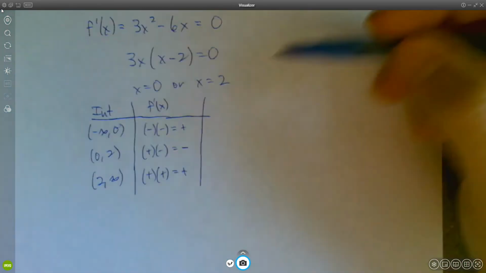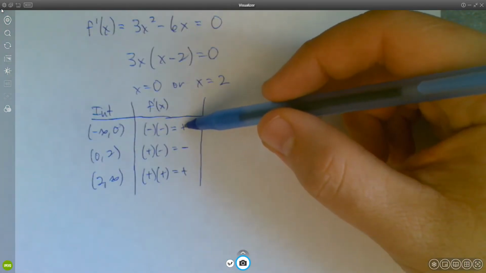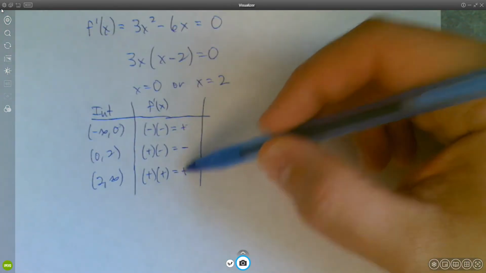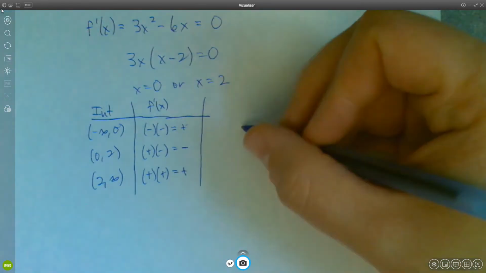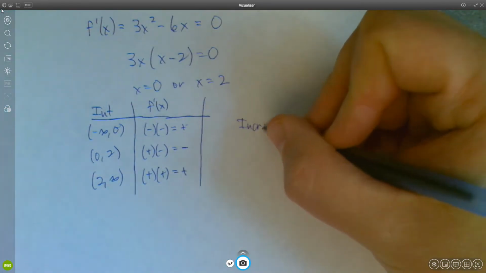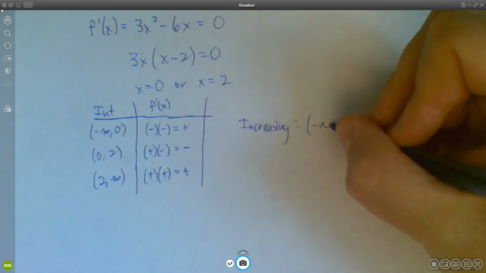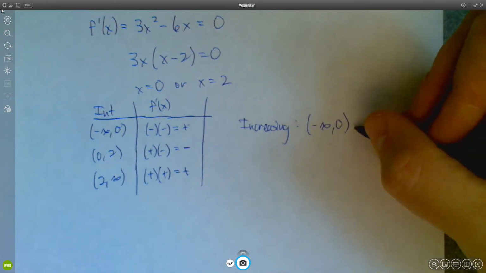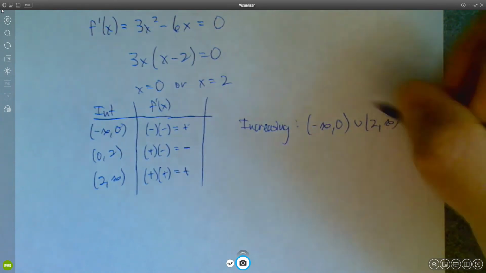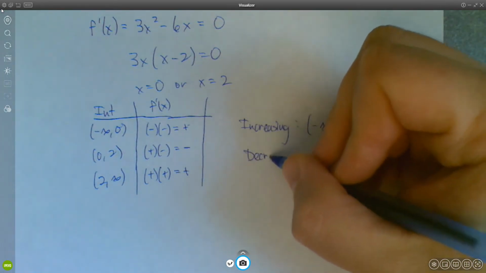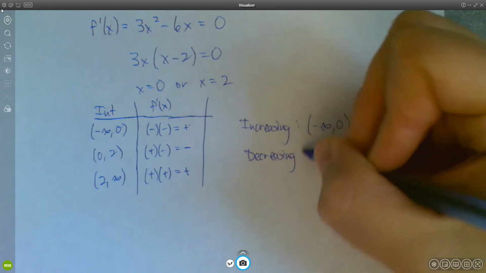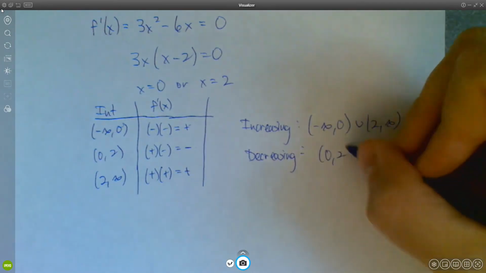So what does that tell me? That tells me that I'm increasing here and here, and I'm decreasing here. So I'm increasing from negative infinity to 0, but also from 2 to infinity, and I'm decreasing from 0 to 2.